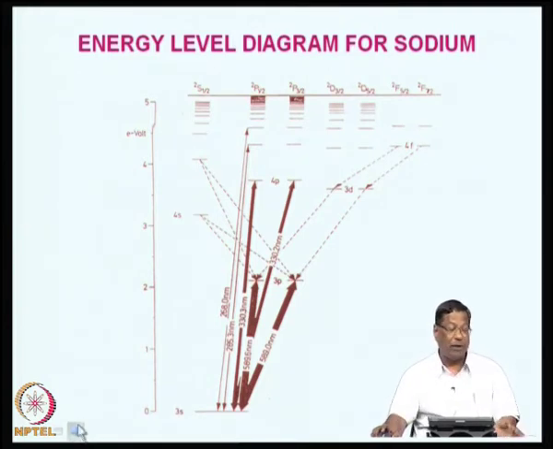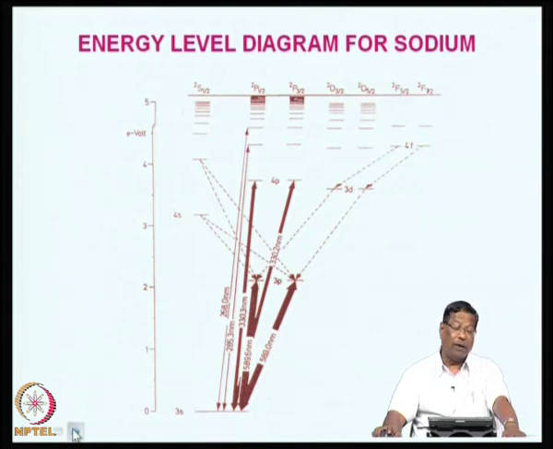This I have shown you even when I was talking about atomic fluorescence, a similar diagram, and I had made a statement that for most of the elements, the energy level diagrams are represented like this only. And if you go back and check, I had shown you the spectra for magnesium, lithium, cobalt etcetera.